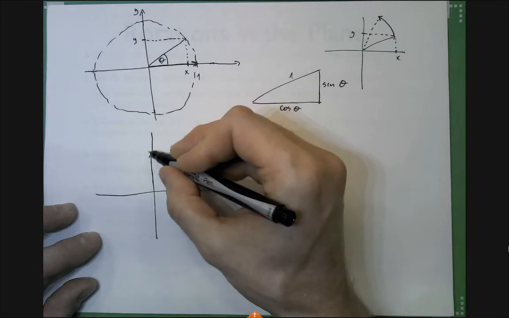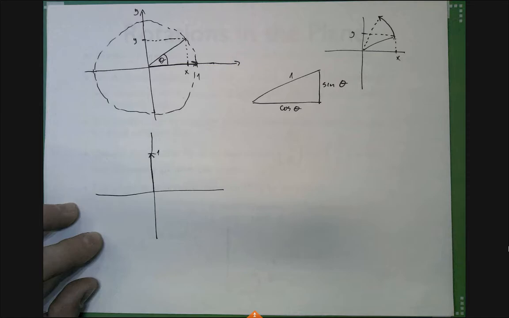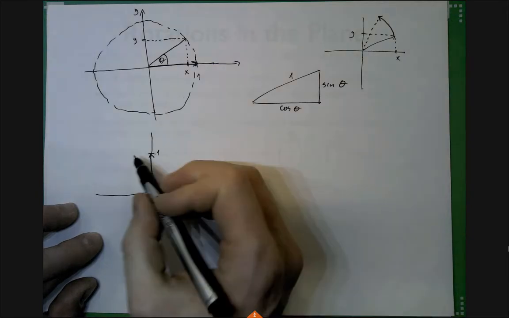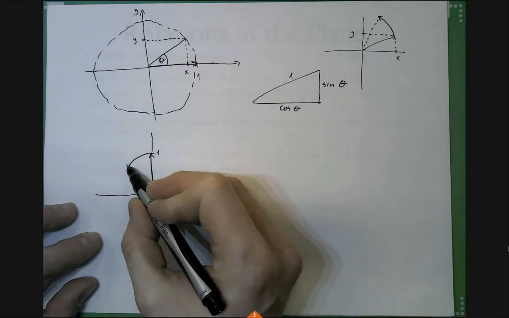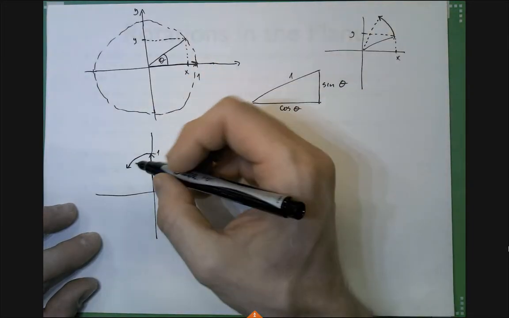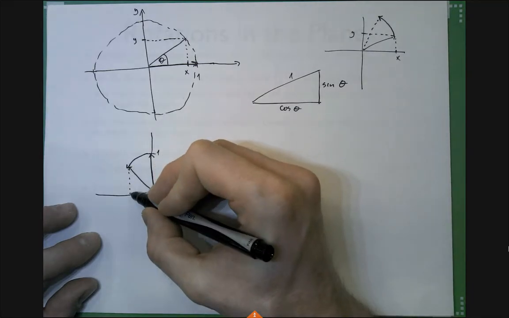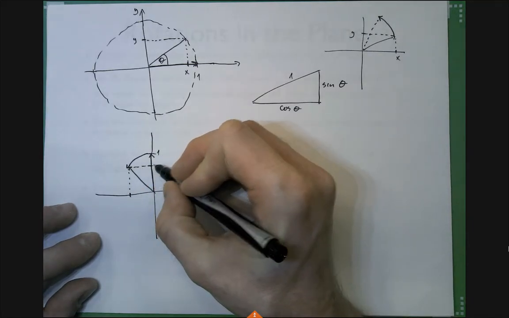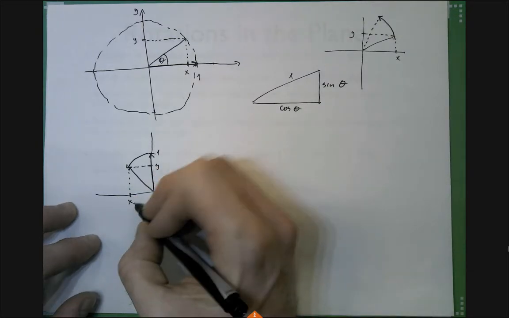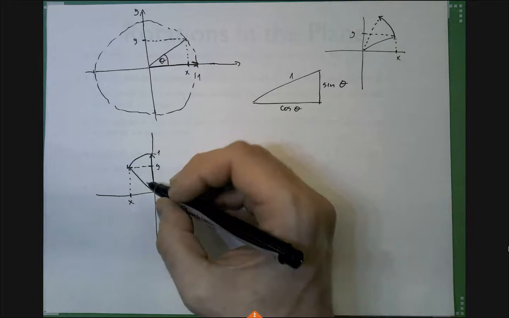If this is 1 here, this is my vector (0, 1), aka E2, the second standard basis vector in the plane. And I'm again rotating it by some theta degrees or radians, whatever you want to measure angle in. So this will again be a unit thing, and I want to get the x and y. Again, I need a formula for x and y depending on the angle theta.